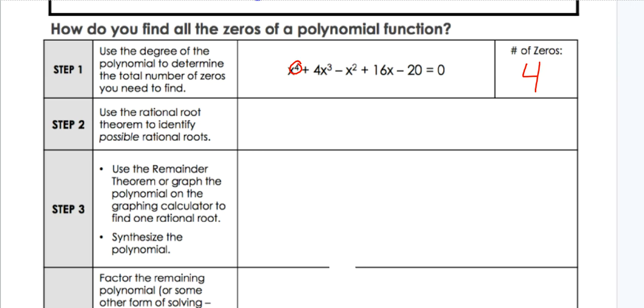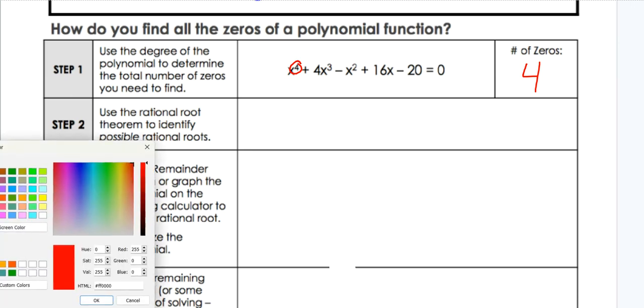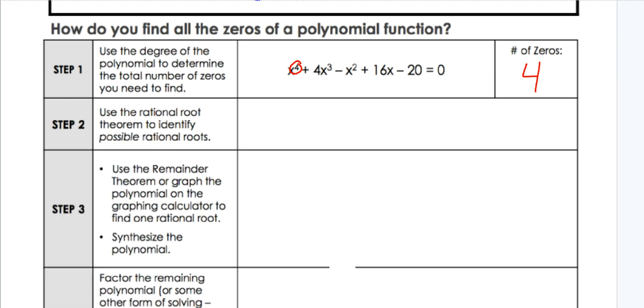So step 2 is using the rational root theorem, which we've talked about before, to identify all the possible rational roots. So remember the rational root theorem, we take the factors of p and q, and we figure out what they would be. So in this case, we're going to take all the factors of 20 and divide it by all the factors of 1.